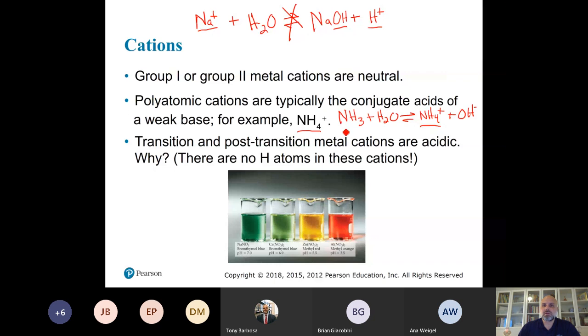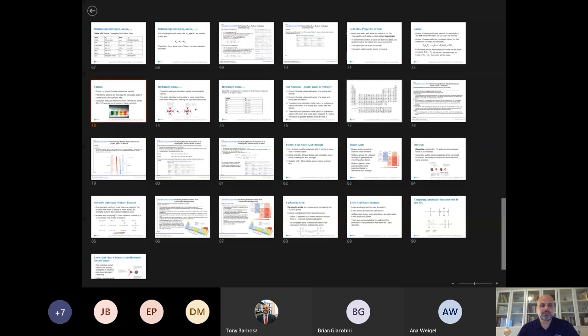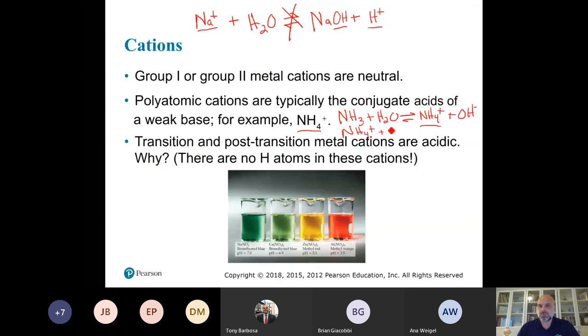So if we simply take NH4 plus and react this with water, we're going to end up in an equilibrium to form the hydronium ion plus ammonia, right?